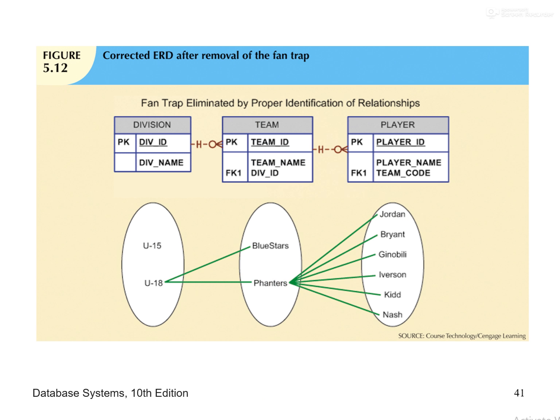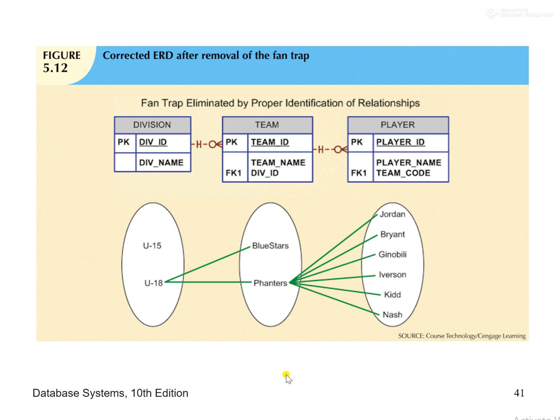Now this diagram shows the correct ER diagram after solving the fan trap problem, and you can see that in this case, division is in a one-to-many relationship with team, and team is then in a one-to-many relationship with player. Now if I want to find out which team Jordan belongs to, I can immediately find out Jordan belongs to Planters, and Planters belongs to which division?